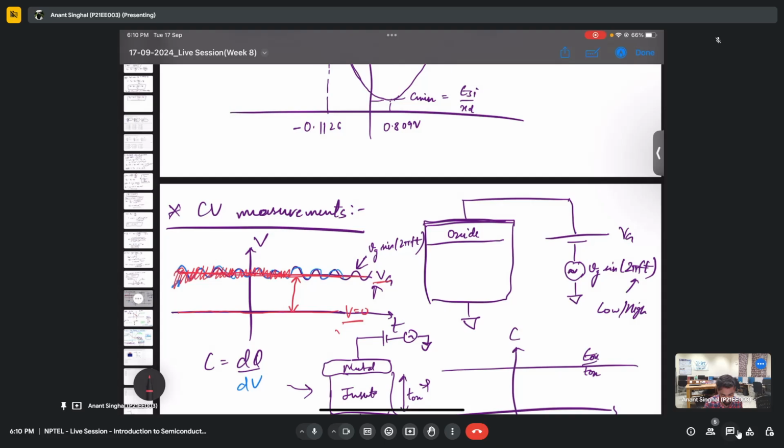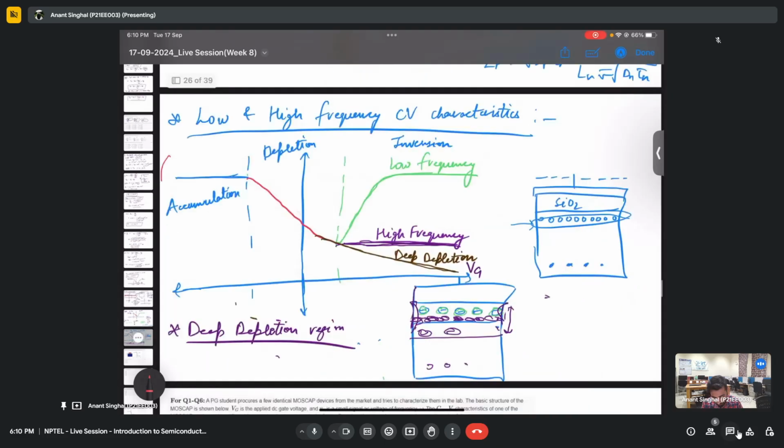All the things that I'm telling for the low frequency and high frequency. In the deep depletion, what I'm saying is both the things are high, and in practice we see that there is an increase in the depletion region for some indefinite period. So that is why this capacitance will follow this particular thing. It will go on decreasing basically. Okay, sir. Yeah.